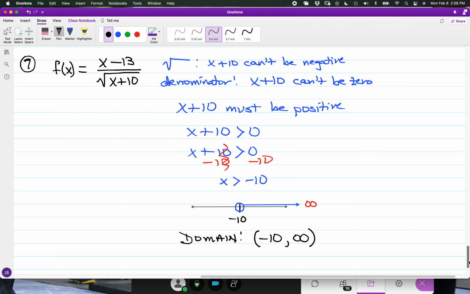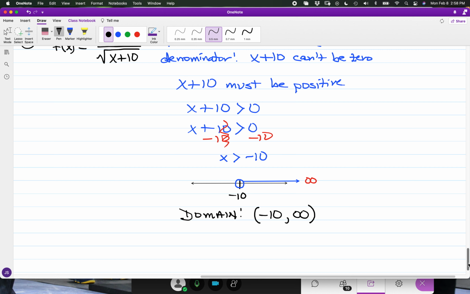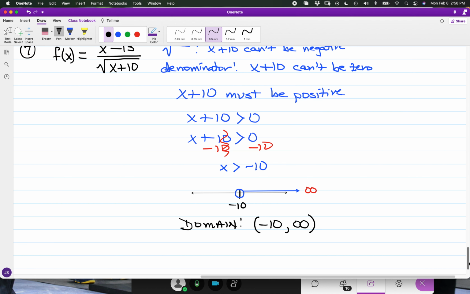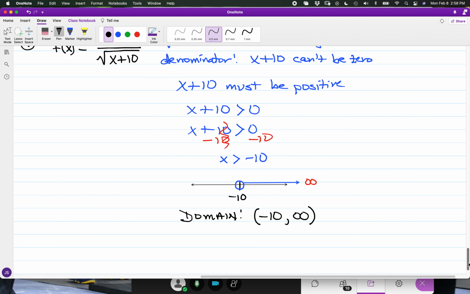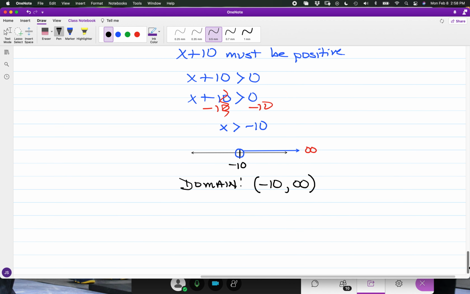All right. I know that it was kind of tedious, but just some reminders: if you don't have all real numbers for the domain, you might have individual restrictions from fractions and from radicals, and also, like this last case, you might have a combination of restrictions regarding the algebraic expression.